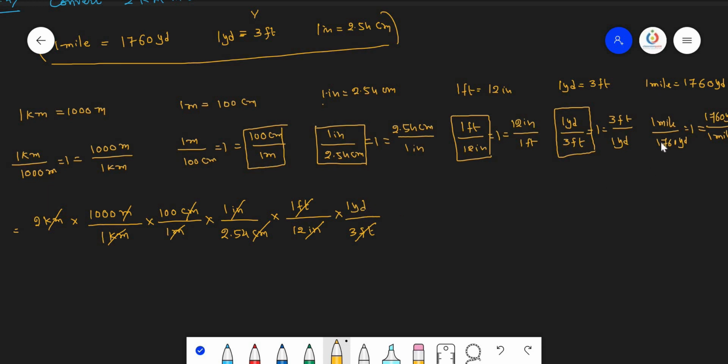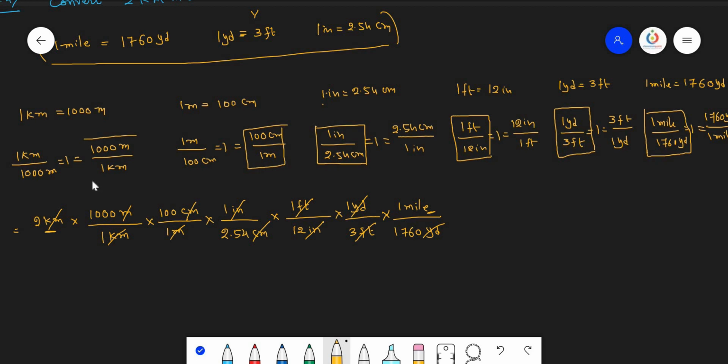Now yards are to be cancelled. So here mile and yard are there, so multiply by 1 mile divided by 1760 yards. Yards are cancelled. Now the answer we get is in miles. So every time we have to develop the relations like this, then write down the factors, then use those factors properly. How to use: whatever the initially given unit is, it has to be cancelled.